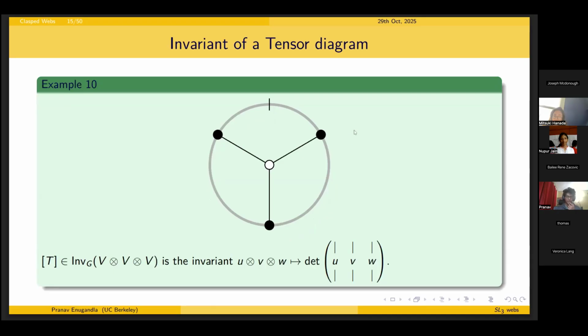So if you have 3 three-dimensional vectors, you can just stack them all in a matrix and take the determinant. That is also an SL3 invariant because SL3 only has matrices with determinant 1. So when you act by that, this number doesn't actually change. So these are my 2 fundamental building blocks. Every other tensor diagram just looks like some composition of these.